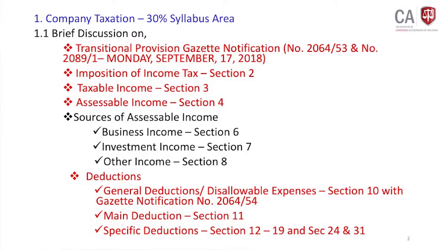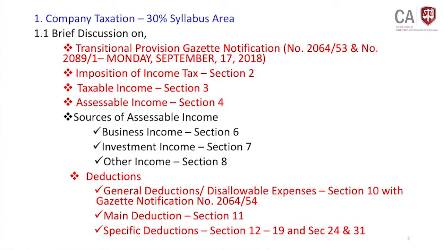After that, we will see, for the company taxation 30% syllabus area, what the main focus is and what you all as students should know. In that, a brief discussion on these areas, which is the transitional provision gazette notification.